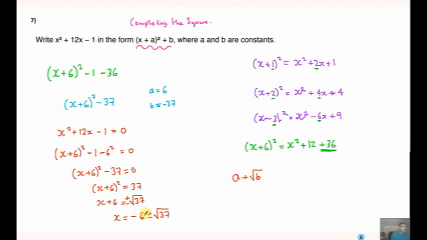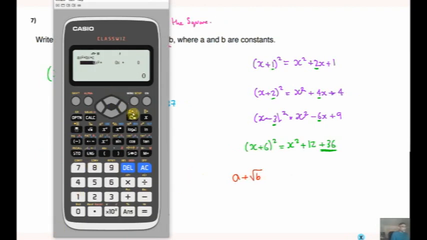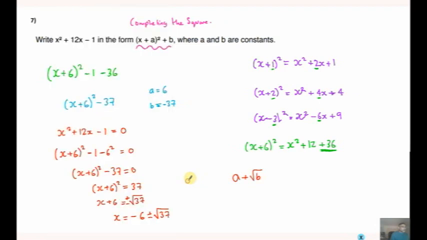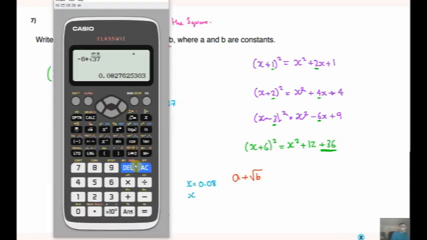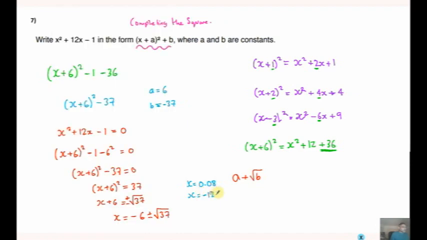So if I work out what these values actually are, minus 6 plus the square root of 37 equals, that gives me 0.08. So one of my solutions is 0.08, and for the other, if I change that to minus, minus 6 minus the square root of 37, that'll give me minus 12.08, so minus 12.1.